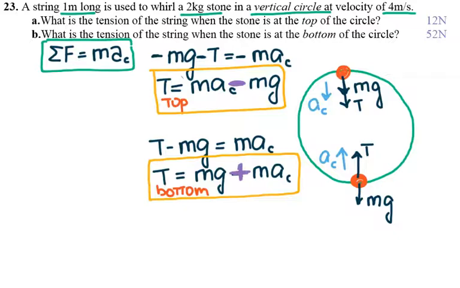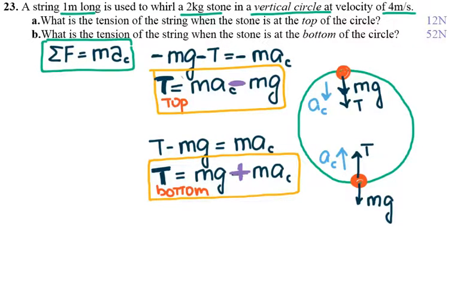And if you have spun anything in a vertical circular motion before, you probably know that wherever you're spinning on the top of the vertical circle will feel lighter than it feels at the bottom. So at the bottom it feels heavier. The tension at the bottom is larger, and the tension at the top is less.